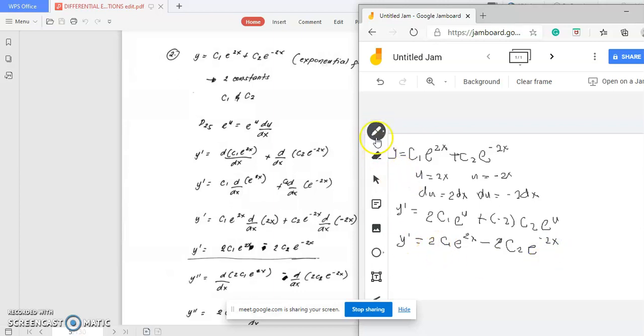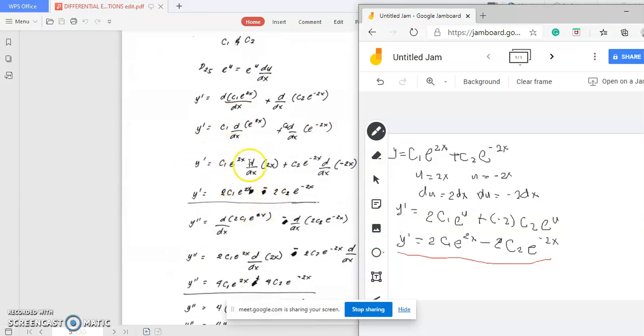Therefore, that is our y prime. So you could actually do this directly. I'm sure you already passed the differential calculus and integral calculus subjects, so this is very easy. You could now directly get the y prime.